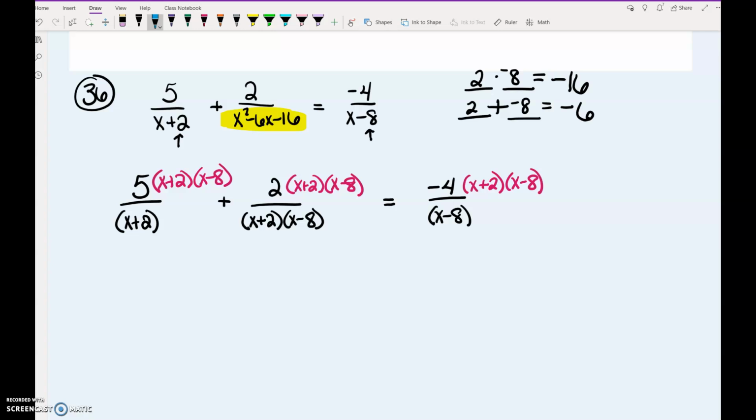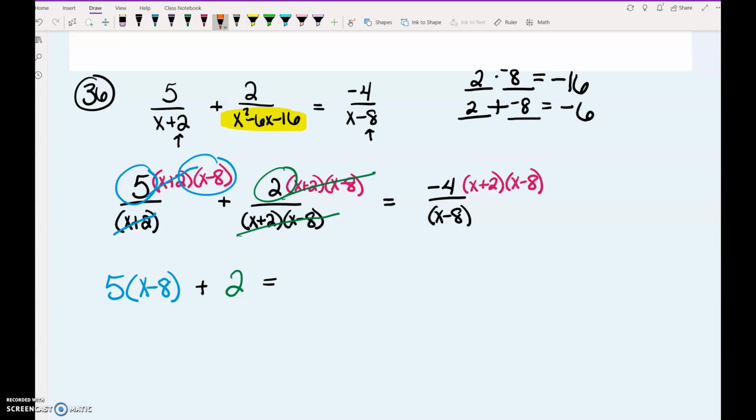Okay, now let's destroy the fractions. The x plus 2 cancels, leaving us with 5 times the quantity x minus 8. In the next fraction, they both cancel, leaving you with simply the 2.